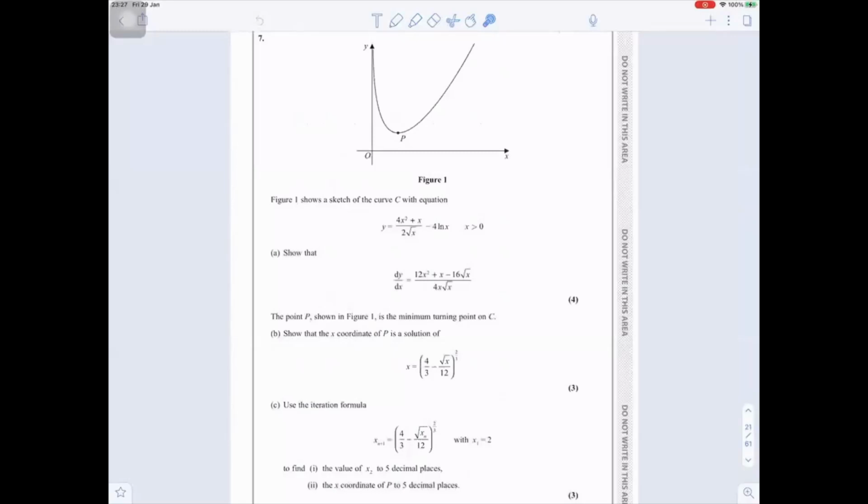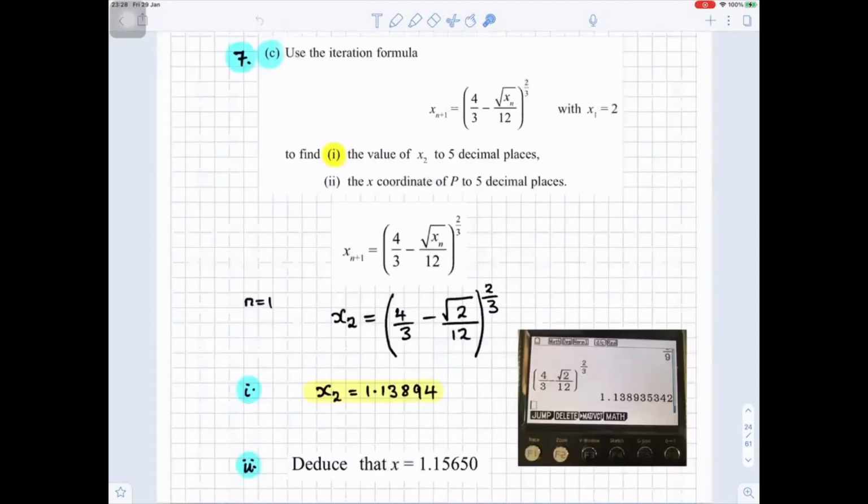Question 7c. Use the iteration formula. Find the value of x2 to 5 decimal places and the x-coordinate of P to 5 decimal places. When you want to use the iteration formula, we can start with n equals 1. If 1 goes there for n, 1 plus 1 becomes 2, so we get x2.